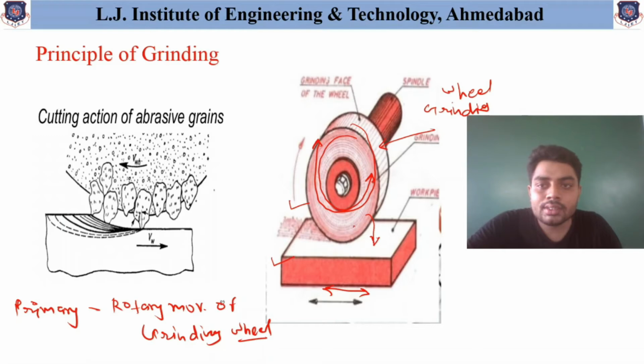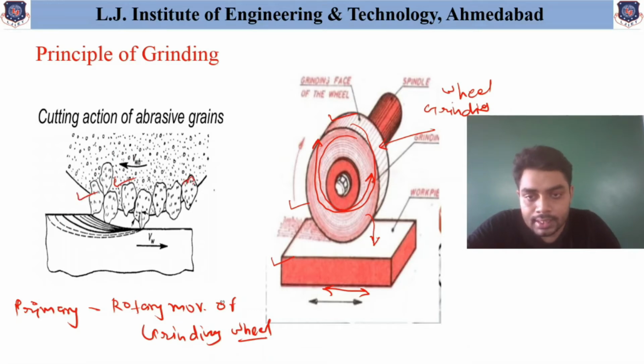Now as we have understood the basic working principle of this grinding machine, we will also understand how the material is removed by using this grinding wheel. This grinding wheel is made up of grinding abrasives, and these abrasives are set up as shown over here.